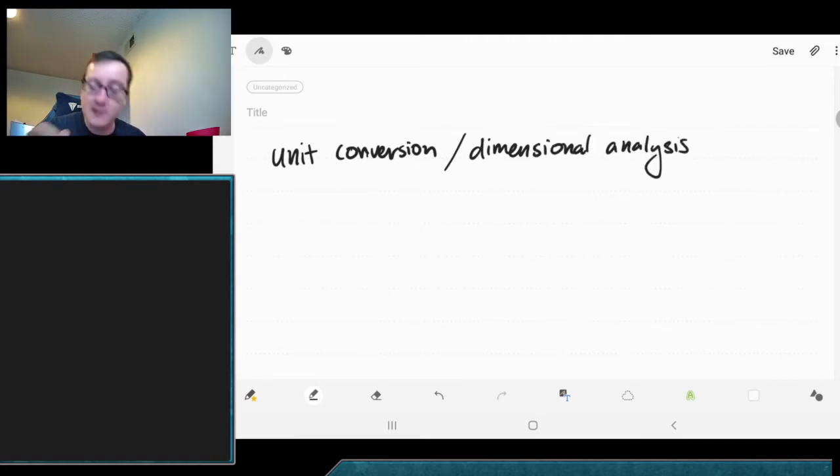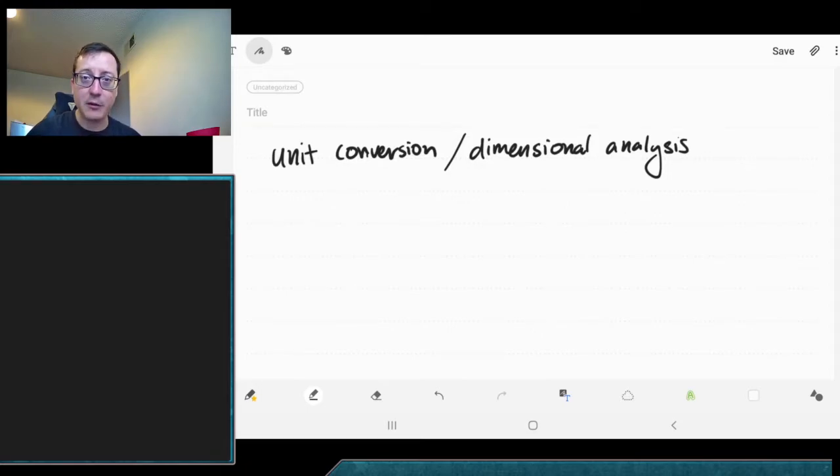It's a fancy term, but they both mean the same thing. It's something that you already know how to do, but we're going to make it a little bit more formalized, and help you understand that doing it more formally will allow you to apply it to a whole different array of units.